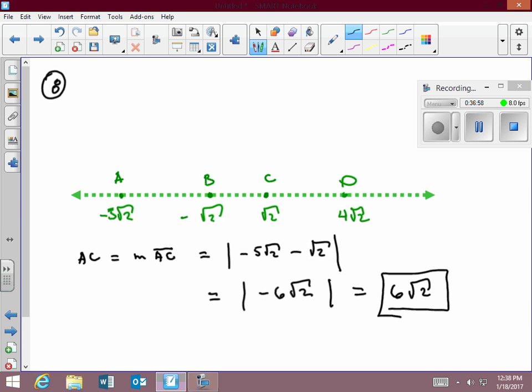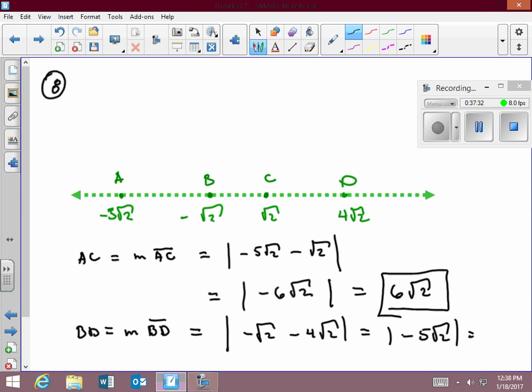Then the BD, so it's a measure of BD line segment. So that's going to be the absolute value of minus the square root of 2 minus 4 square root of 2, which is the absolute value of negative 5 square root of 2, which is 5 square root of 2.